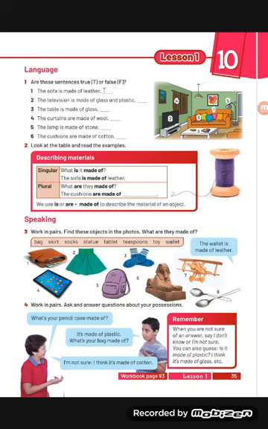Yes, that's a wallet. What do you think a wallet is made of? Yes, that's made of leather, of course. Number 2, yes, that's a dress. What's this made of? Yes, it's made of cotton or wool.